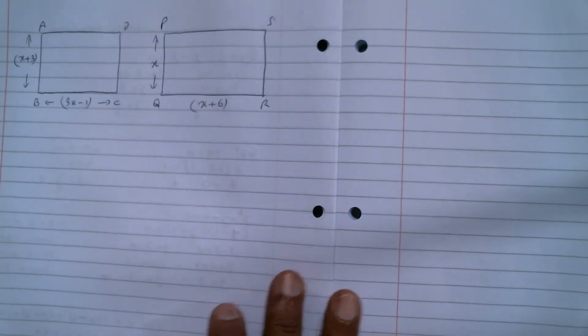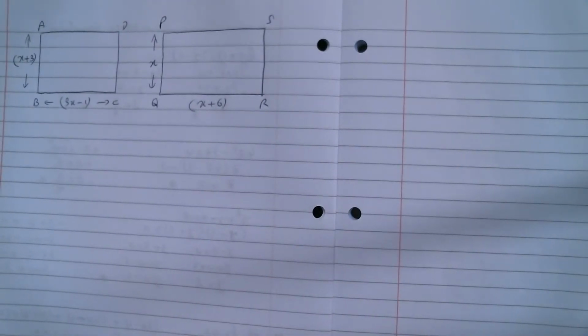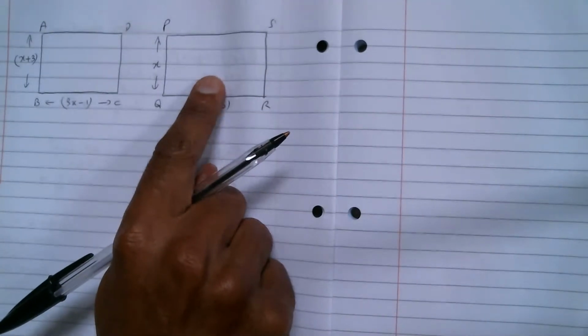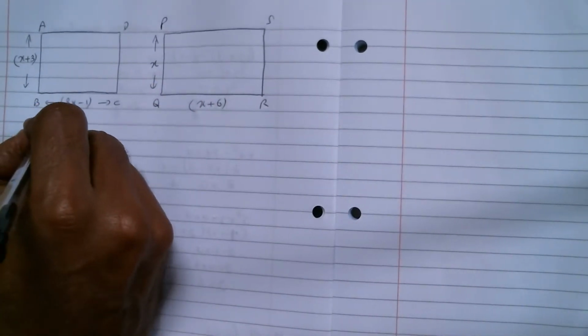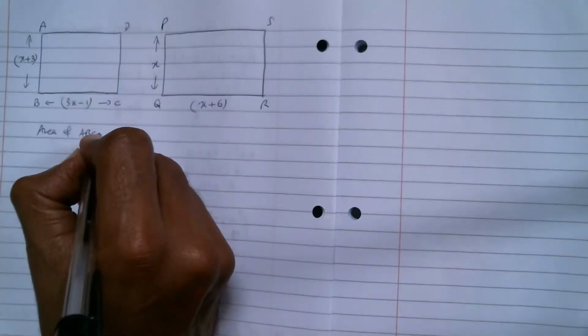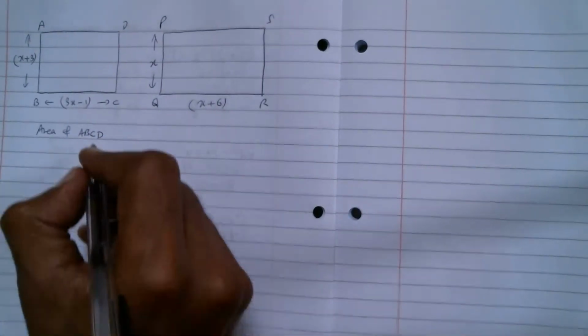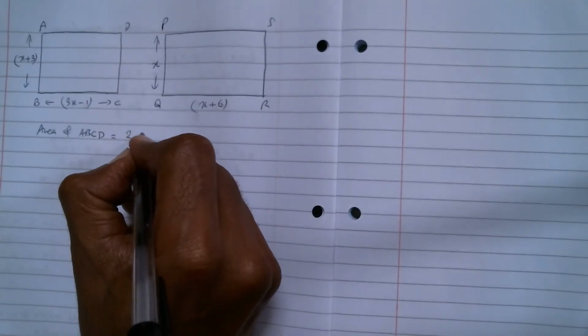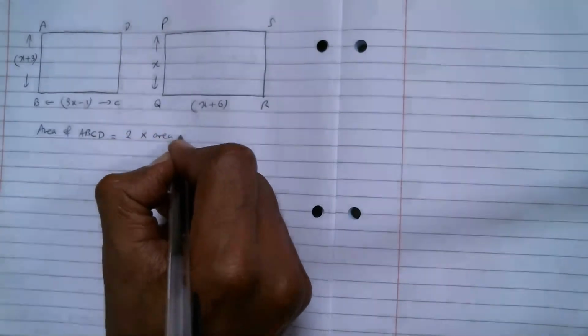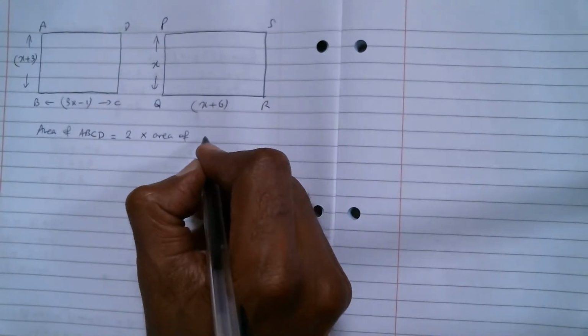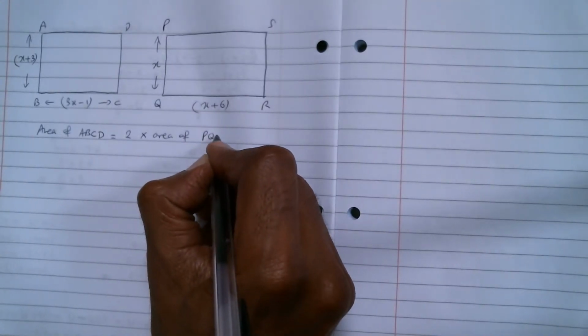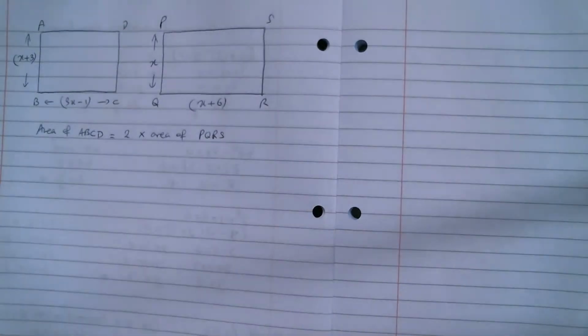So let us see now. The rectangle ABCD now has an area which is twice the area of PQRS. So the area of rectangle ABCD is equal to twice the area of rectangle PQRS. So how are we going to do this?